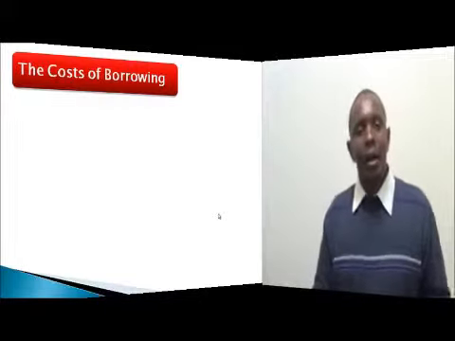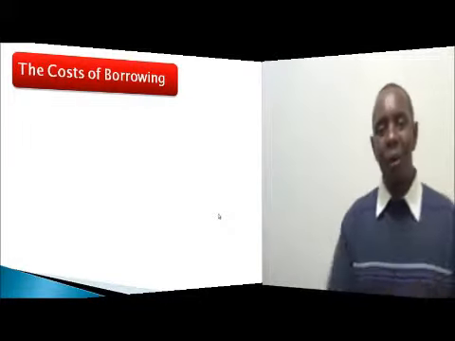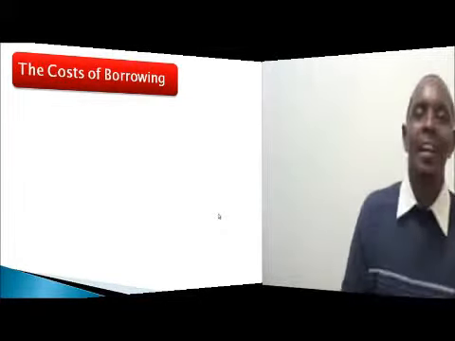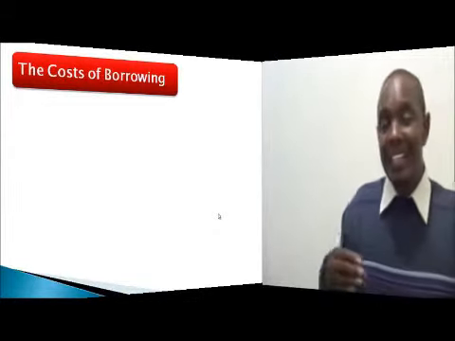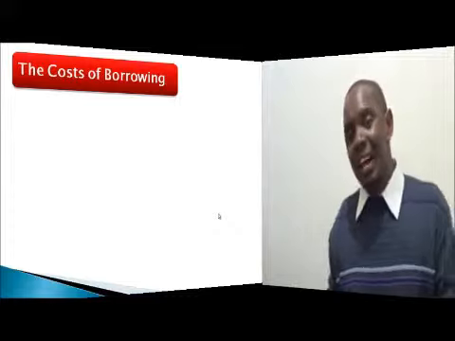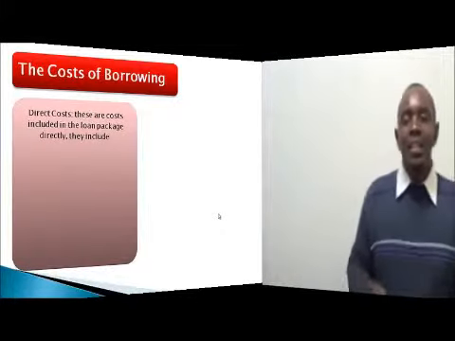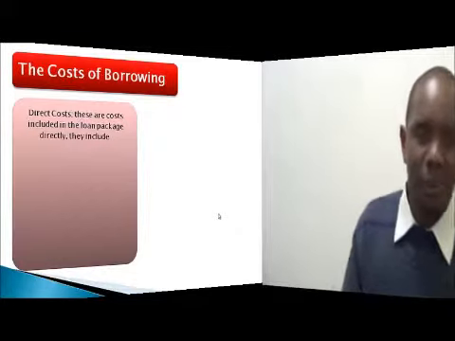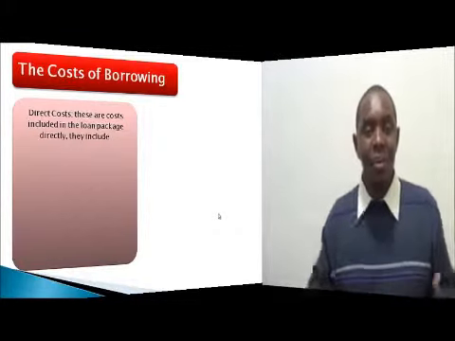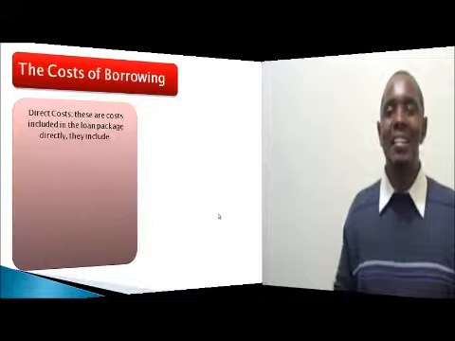Let us look at the costs of borrowing, or the cost that comes with debt. This can be categorized into two. The first one is direct costs. These are costs included in the loan package directly.